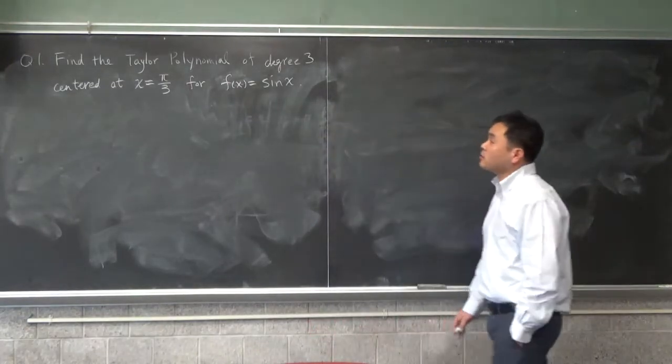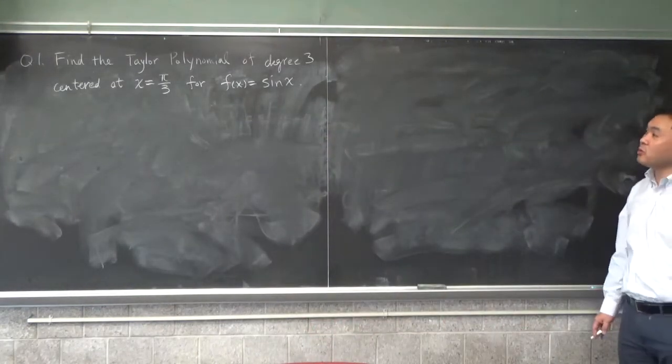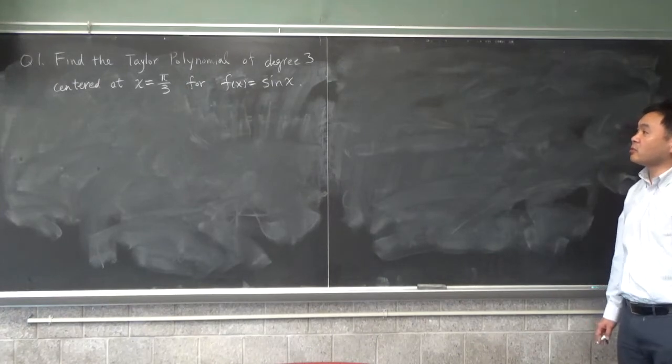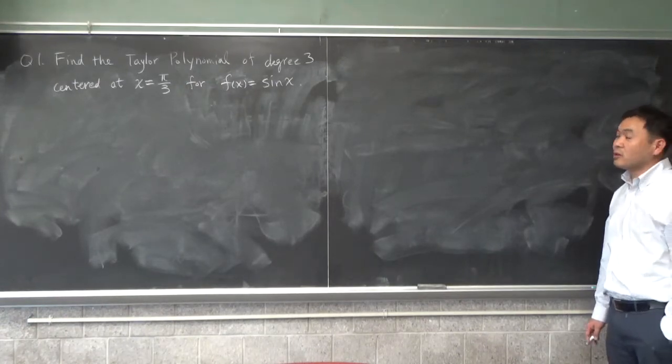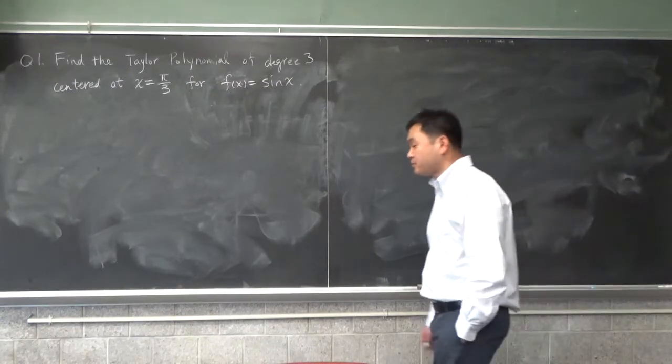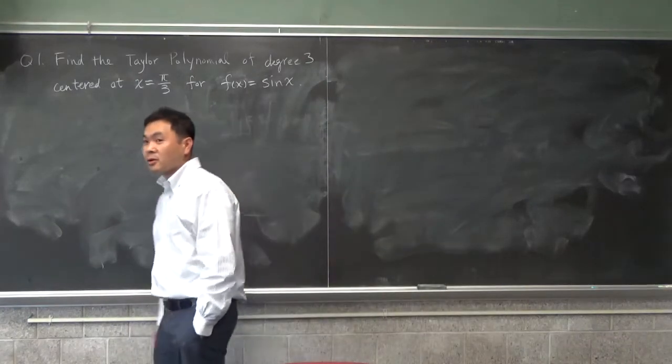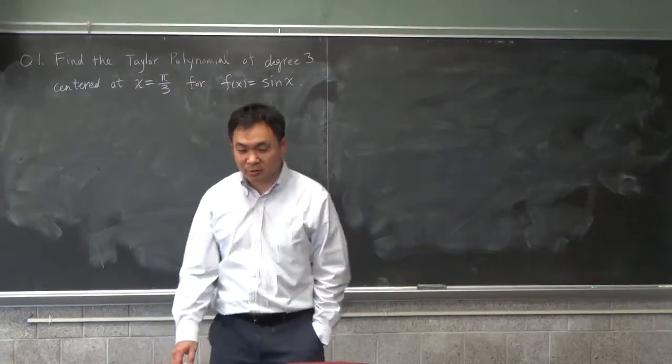Okay, so find the Taylor polynomial of degree 3 centered at x equals pi over 3 for f of x equals sine x. How would you solve this?